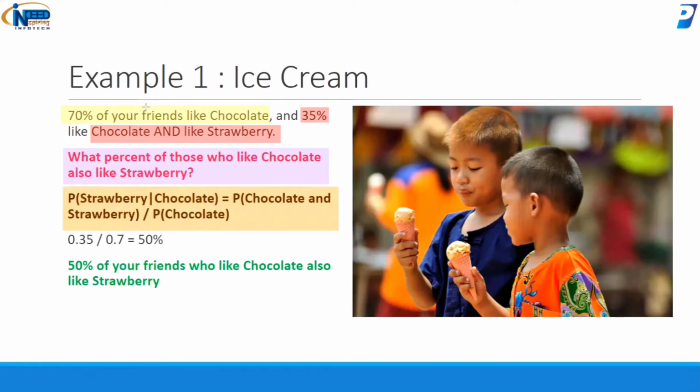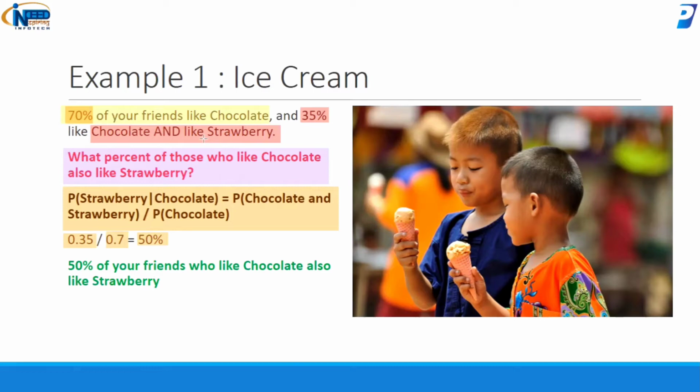Look at the data given. 70% of your friends like chocolate, so probability of chocolate is 0.7 or 70%, and 35% like chocolate and strawberry. So 0.35 divided by 0.7 gives us 50%. So 50% is the answer: the percent of those who like chocolate who also like strawberry is 50%.